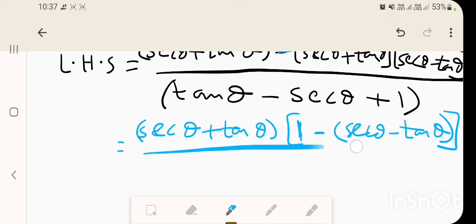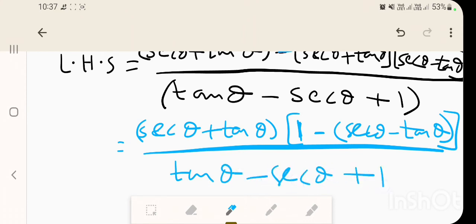In the denominator as it is we have tan theta minus secant theta plus 1.